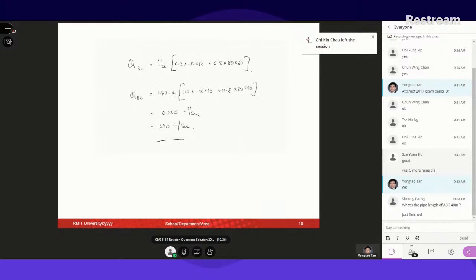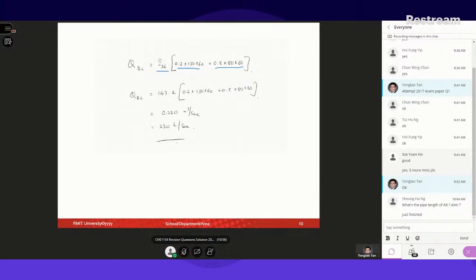Both contribute to the pipe BC, so we use the same intensity. Finally, we can get the flow in the pipe BC: 0.23 cubic meter per second.